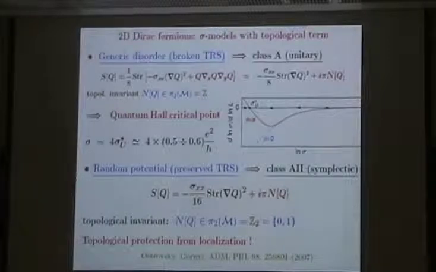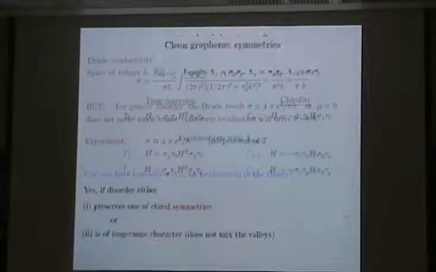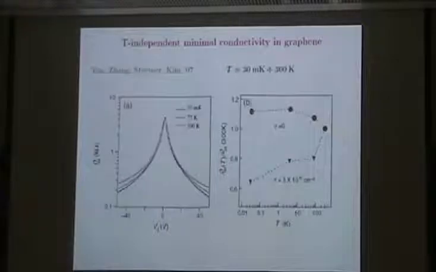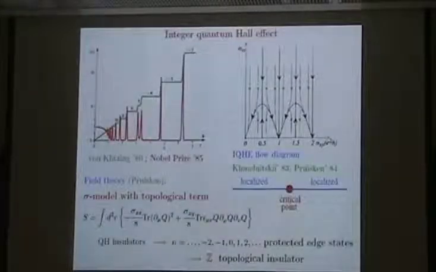Or you can straightforwardly derive the sigma model. Whatever you do, you will get this topological term exactly with the coefficient equal to pi. And it means that your system sits exactly at this point. Yeah?